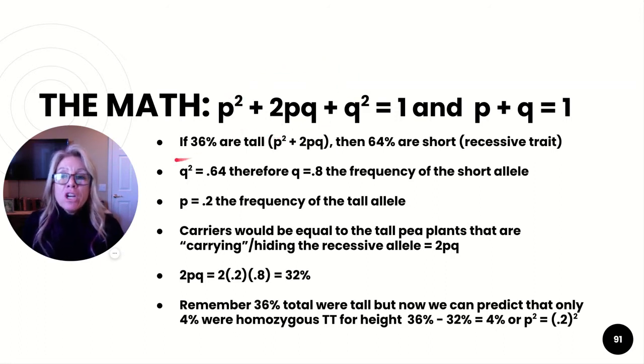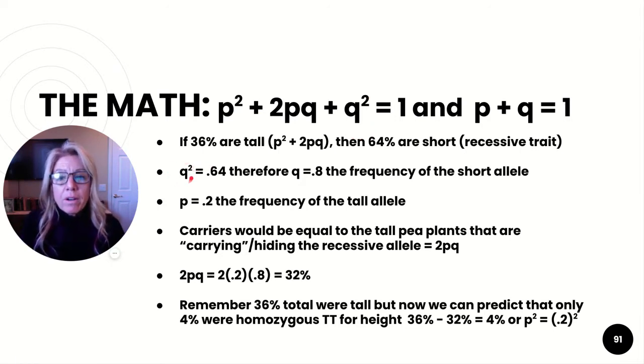All right, so if 36% are tall, those equal the P squareds, the homozygous tall, and the carrier talls, right? But if 36% are tall, that means 64% have to be short, the recessive trait. That would be your Q squareds right here, right? Both of these genotypes would be tall, this would be your short, 64% are short. Well, you can do the math on that.